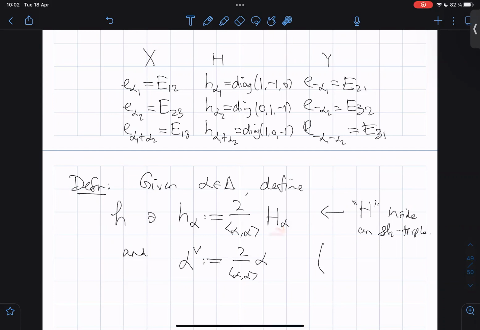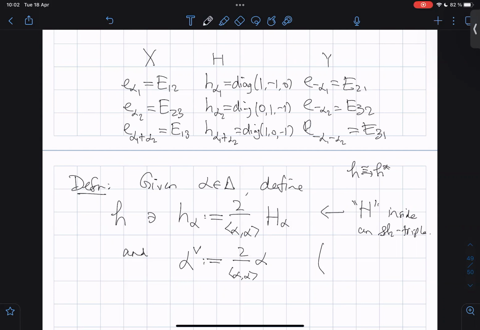Yeah. I said that before, but let me just remind you. Remember you have this isomorphism between H and H dual. It's induced by this pairing that we have, like an inner product.